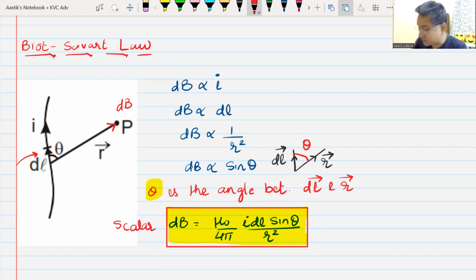I don't think how are you going to get the direction from this formula. No formula, if it's given in this form, can give you direction. This will only give you the magnitude of magnetic field. It will not give you the direction of magnetic field.